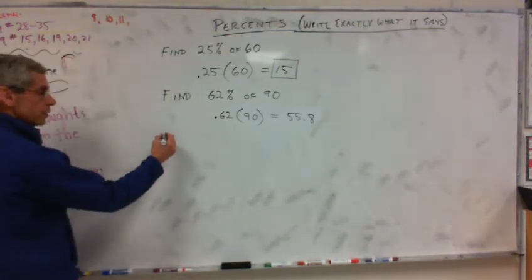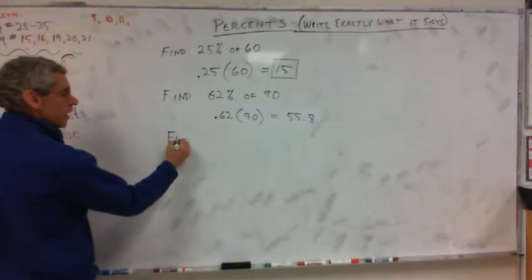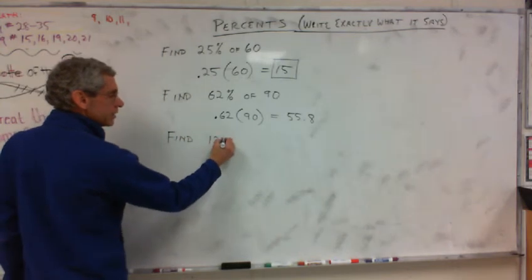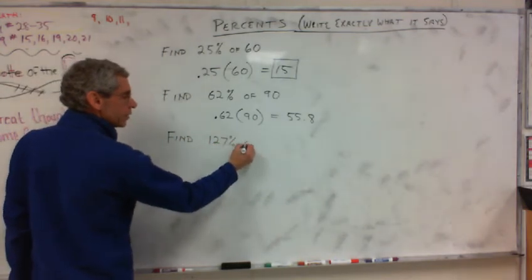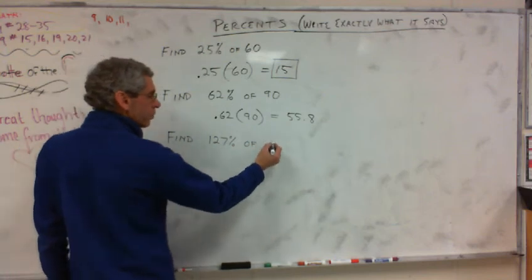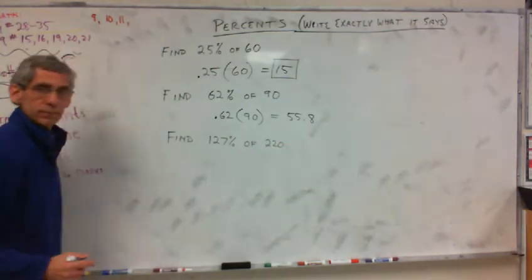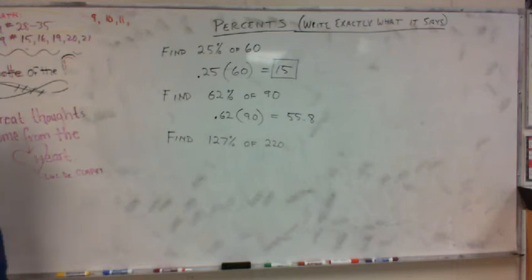All right, here's another one. Find 127% of 220. How would I set this up? Molly, how would I do it?